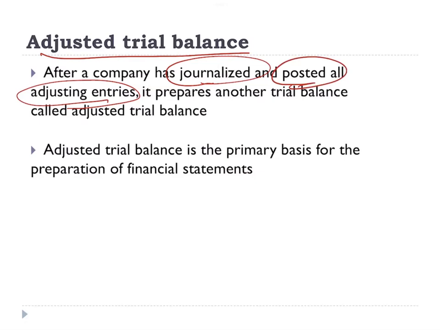And then the firm needs to prepare an updated trial balance, taking all of the accounts as well as the updated balances. And this trial balance is called the adjusted trial balance. The adjusted trial balance is the primary basis for the firm to prepare its financial statements. Most of the numbers on the firm's financial statements are taken directly from the firm's trial balance.